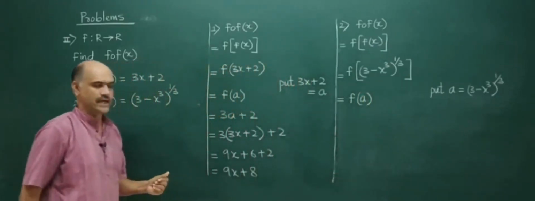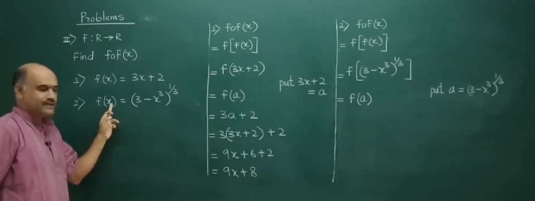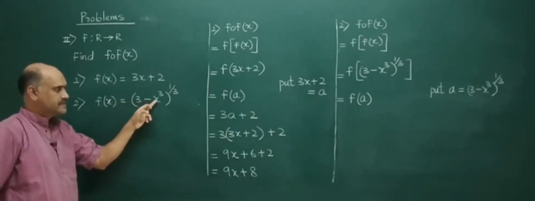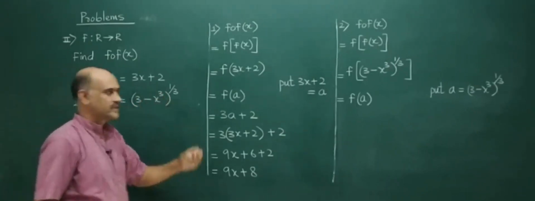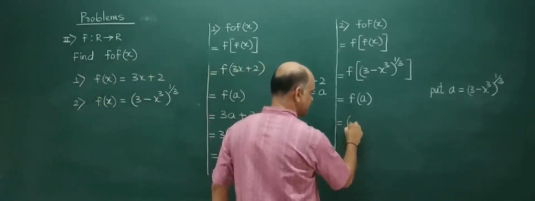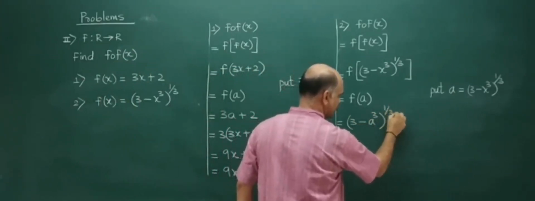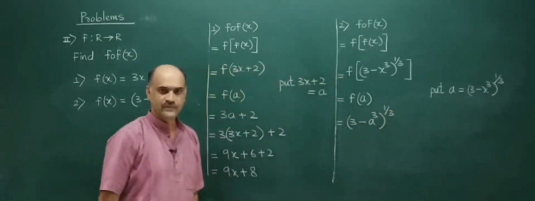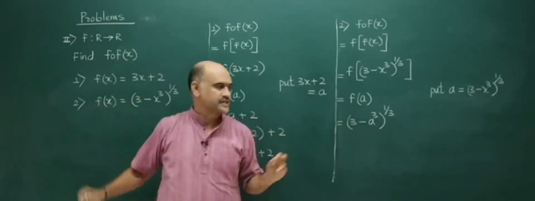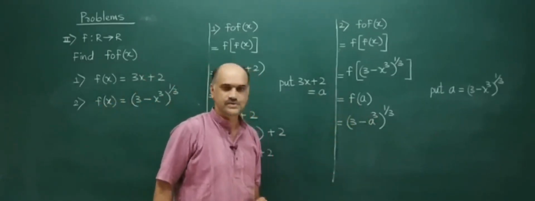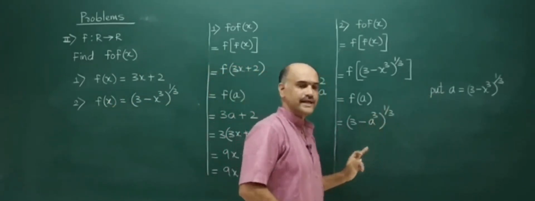Now again, f of a will be bracket 3 minus a cube raised to 1 by 3. Clear? So if I substitute in this definition, you will have 3 minus a cube raised to 1 by 3. Now again substitute a cube.